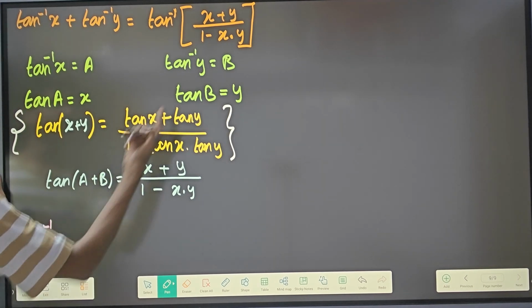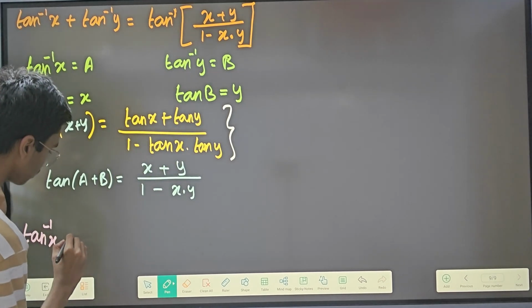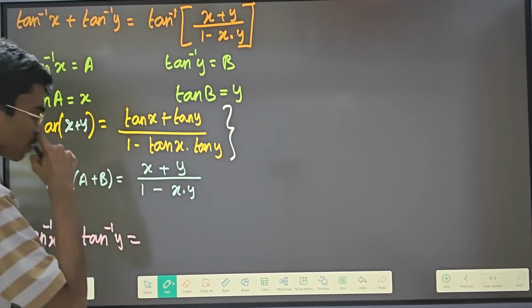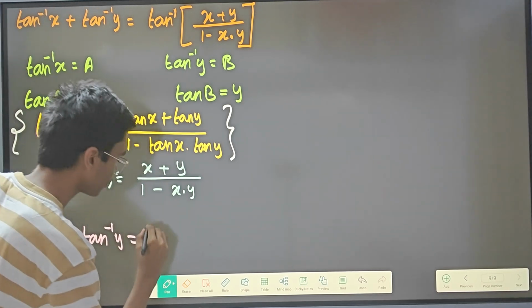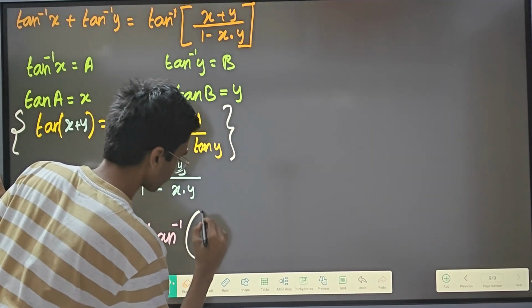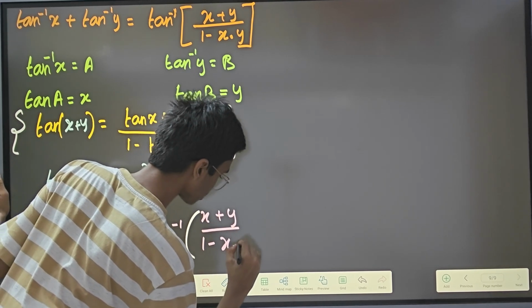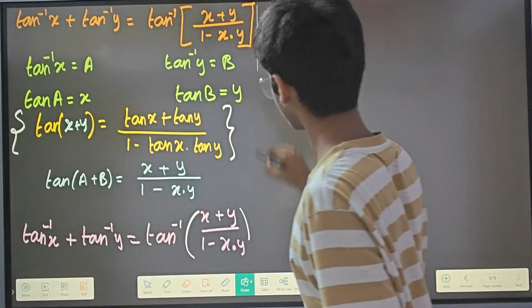What is b? b is tan inverse of y. Since we have multiplied this total formula with tan inverse, here tan inverse is going to be there: tan inverse of x plus y whole divided by 1 minus x dot y. Okay, so this is the formula that you have got.